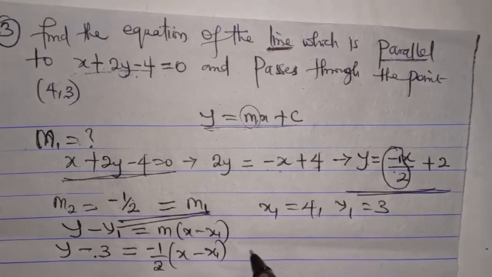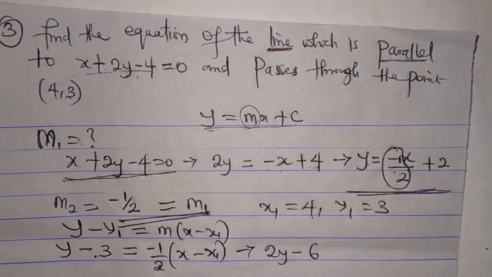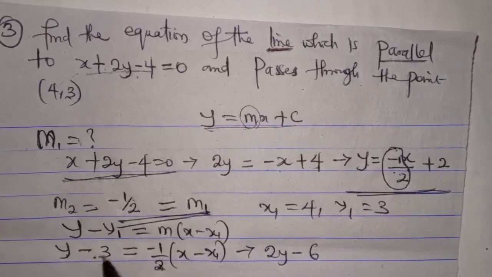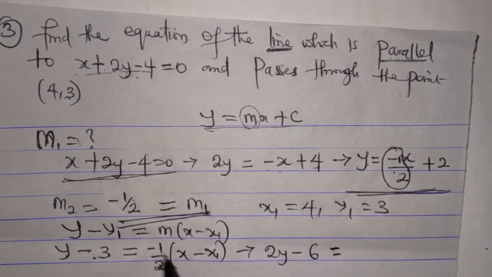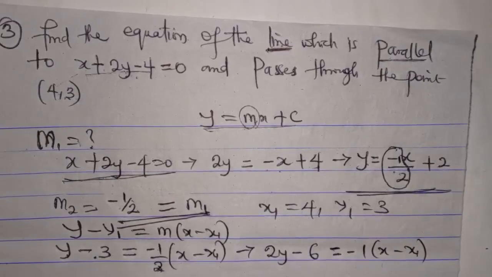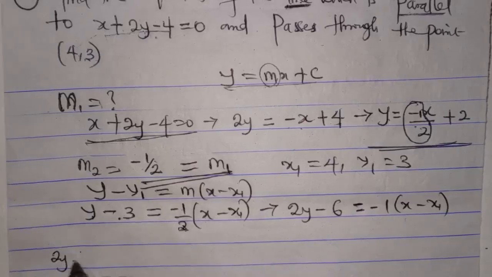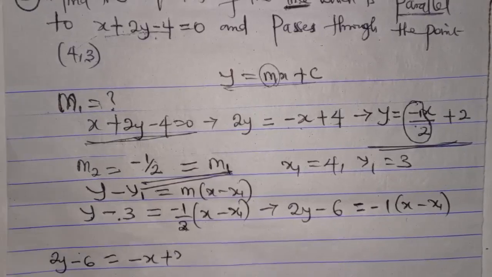So we can just multiply both sides by 2 to eliminate this one here, or simply say cross multiply. The 2 multiplies this, we have 2y minus 6. You agree with that? 2 times y is 2y, 2 times minus 3 is minus 6, equal to minus 1 into x minus x1. So 2y minus 6 is equal to minus x plus x1.